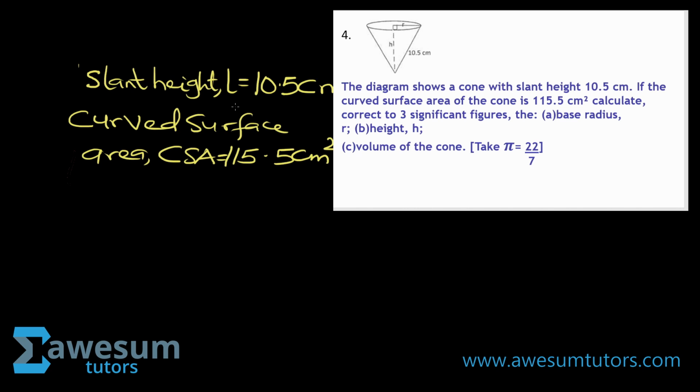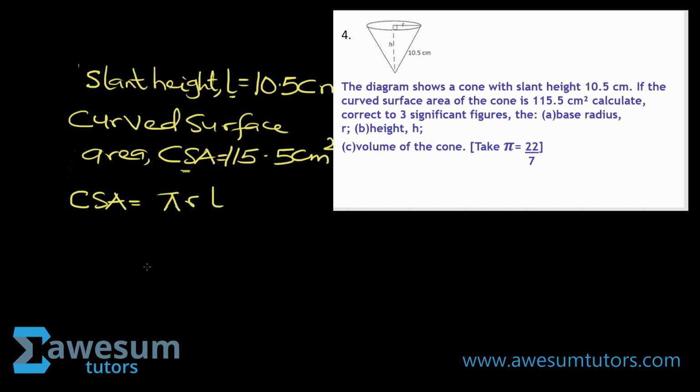You need to think about the formula for a cone that relates slant height with curved surface area and the base radius. And you will agree with me that the formula for the curved surface area of a cone is pi RL.